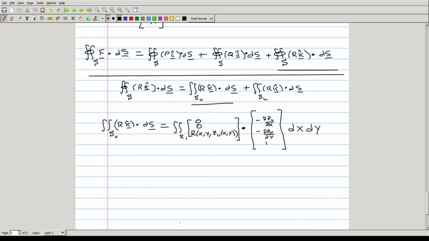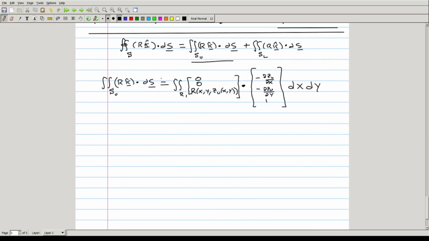And something very nice happens here. This dot product doesn't depend at all on the first two components of the normal vector, because 0 times this is 0 and 0 times this is 0. So this just becomes the double integral over the region R1 of the function R of (x, y, z upper of (x, y)) dx dy.